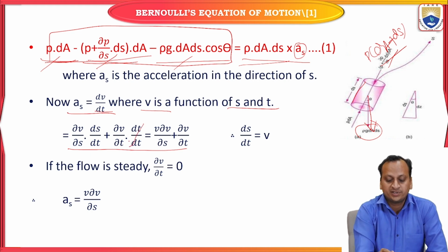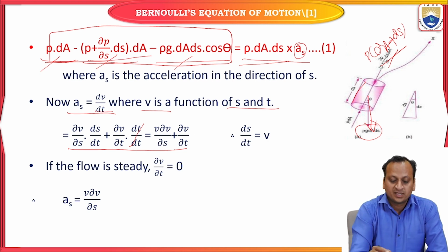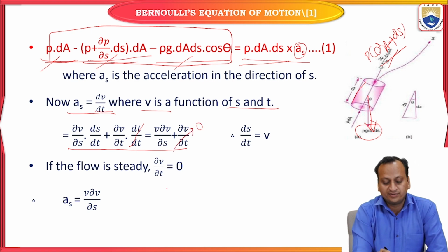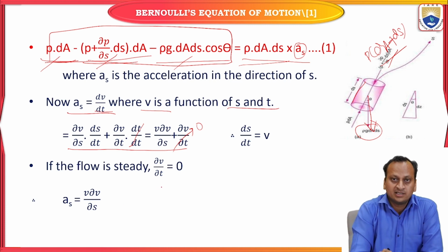So from this expression, we can write v ∂v/∂s plus ∂v/∂t. Here another assumption is that ∂v/∂t becomes 0 as it is a steady flow. For Bernoulli's equation, we have to assume that the flow is steady, therefore it becomes 0. But then v ∂v/∂s remains.